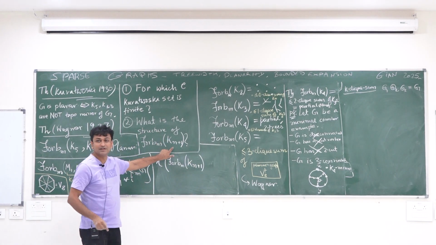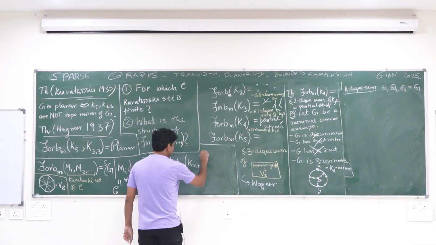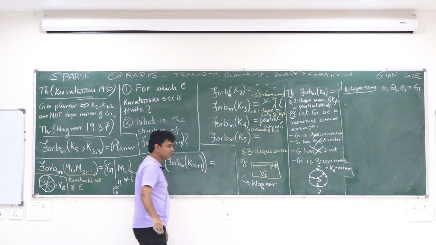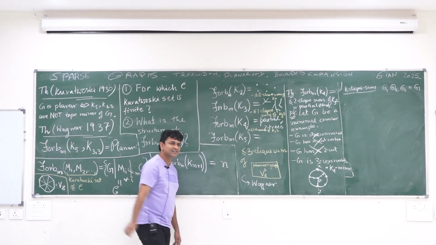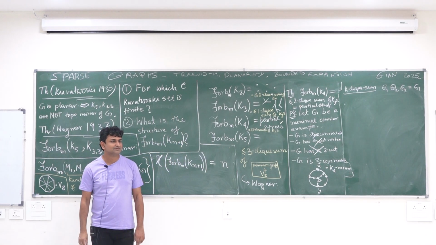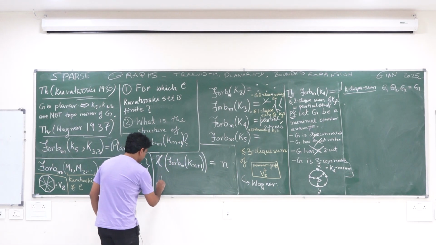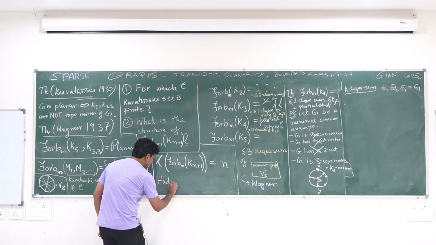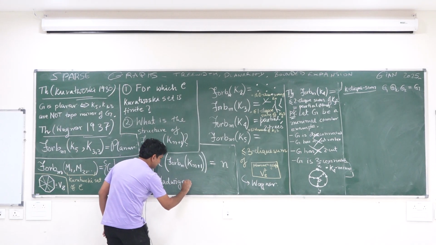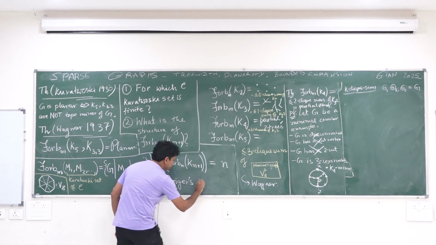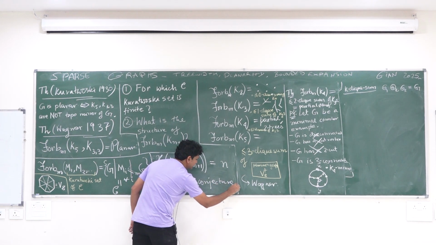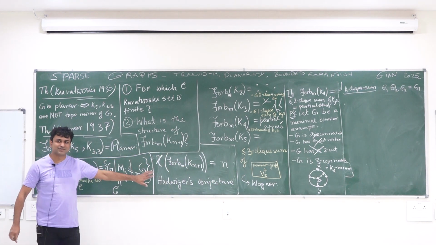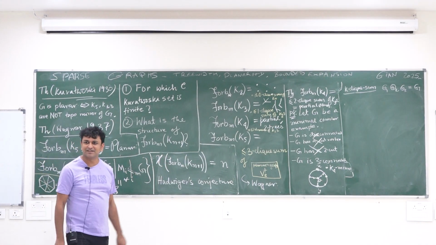That's why I had written K n plus 1. How much is this? It's considered one of the deepest conjectures in graph theory.